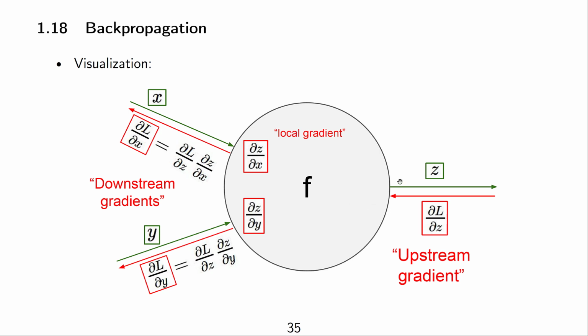And the output is z, and in the forward path, z flows further upwards until it's going to reach the output of the complete network. And in the backward pass, the information is going to flow from the loss function of the network backwards towards the inputs of the network.